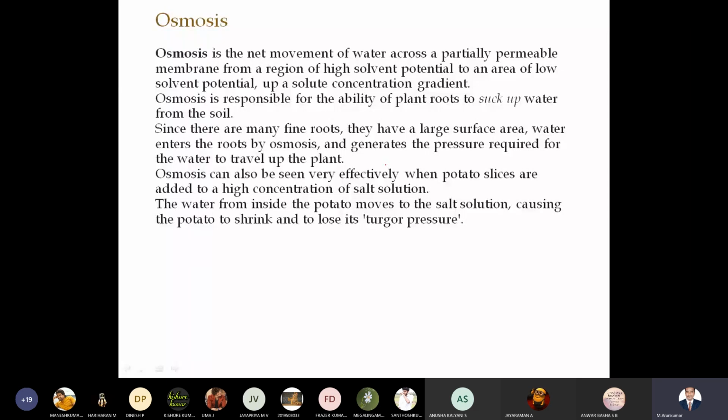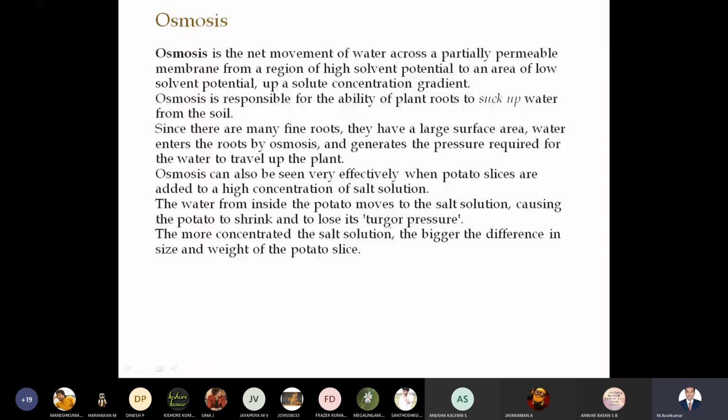This will cause the potato to shrink and lose its turgor pressure. The more concentrated the salt solution, the bigger the difference in size and weight of the potato slice. You can check with different concentrations of salt solutions.